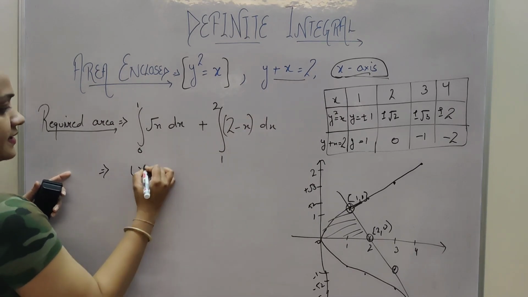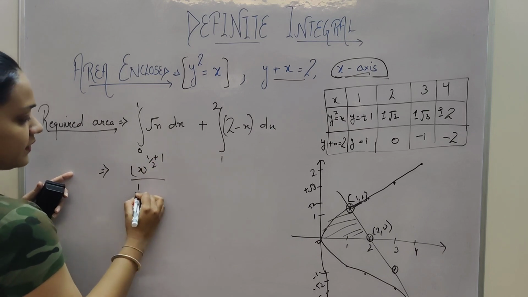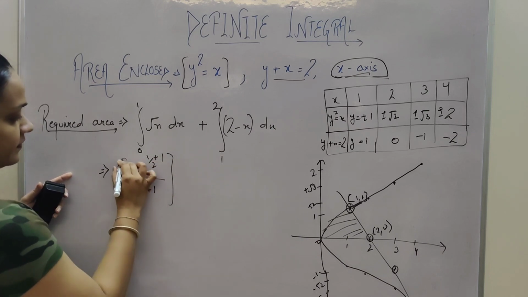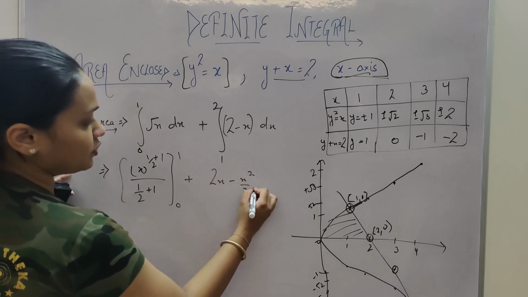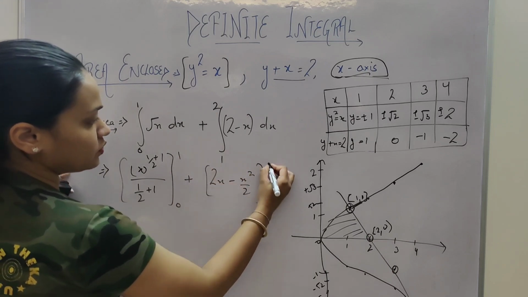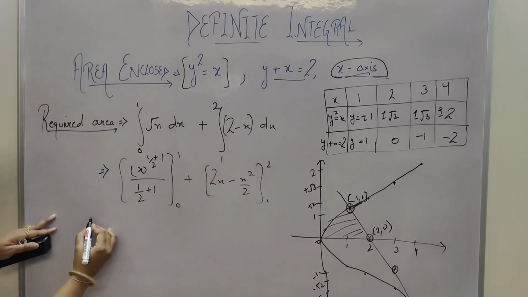Integrating this side, x to the power 1 by 2 plus 1 upon 1 by 2 plus 1 from 0 to 1, plus 2x minus x square upon 2 between 1 to 2.